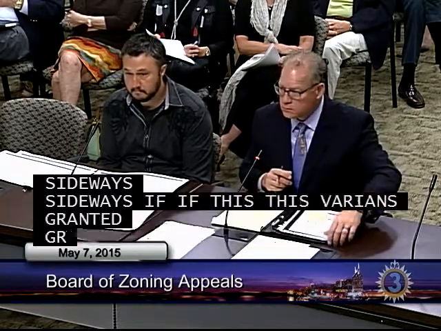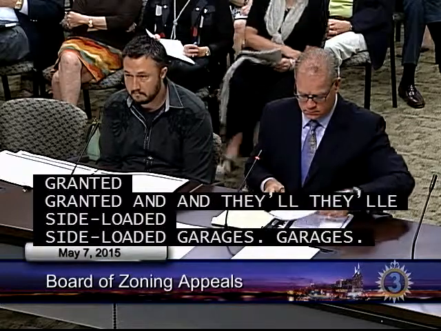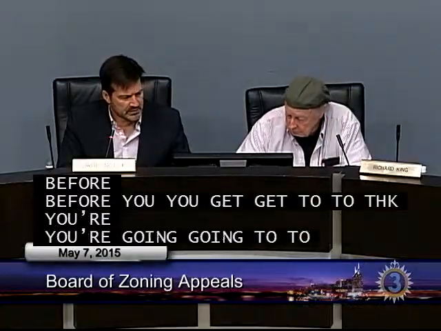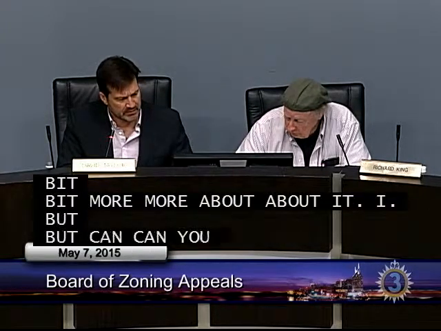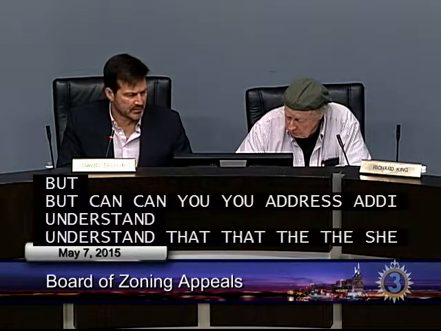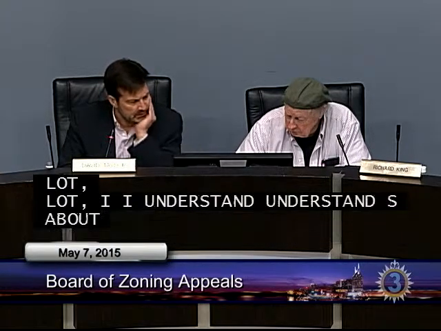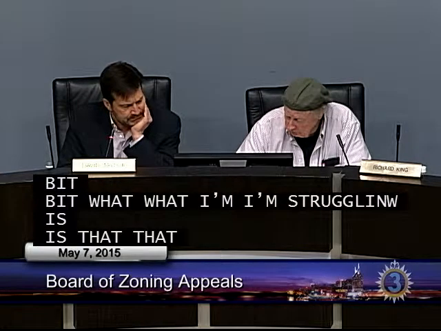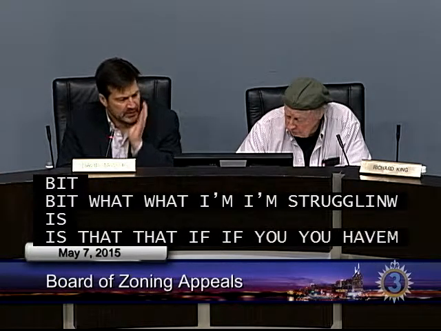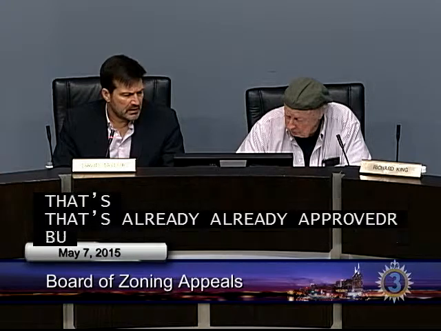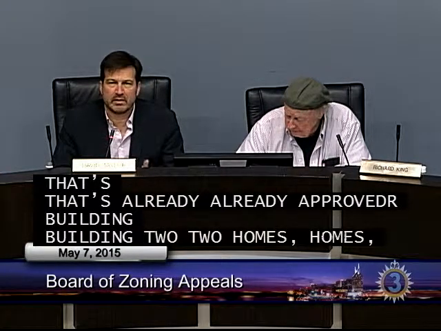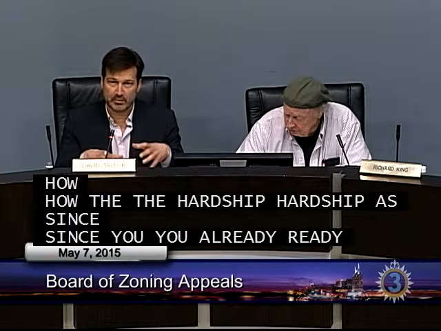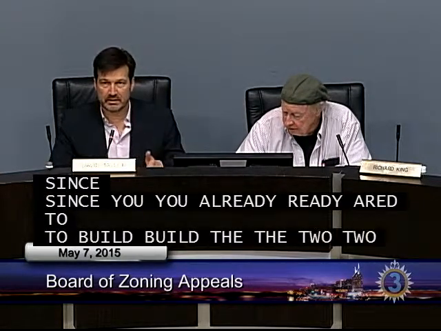I've got a quick question on that. Before you get to that, I think you're going to talk a little bit more about it. But can you address, I understand the shape of the lot, I understand your points about the curve, but what I'm struggling with now is that if you have a permit that's already approved for building two homes, I'm not sure how the hardship argument holds since you're already approved to build the two homes within the current setback.